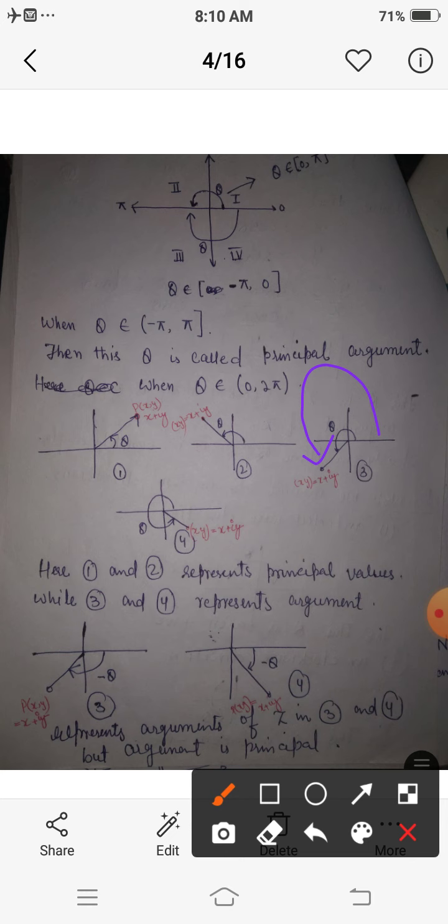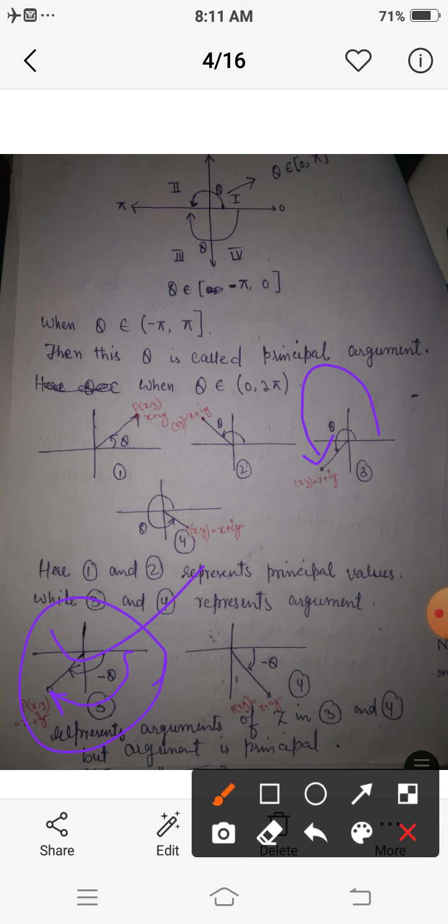While if we measure this same angle through the clockwise direction, the negative direction, its value lies between 0 and minus pi, so when we measure the angle in this direction, it becomes the principal argument.